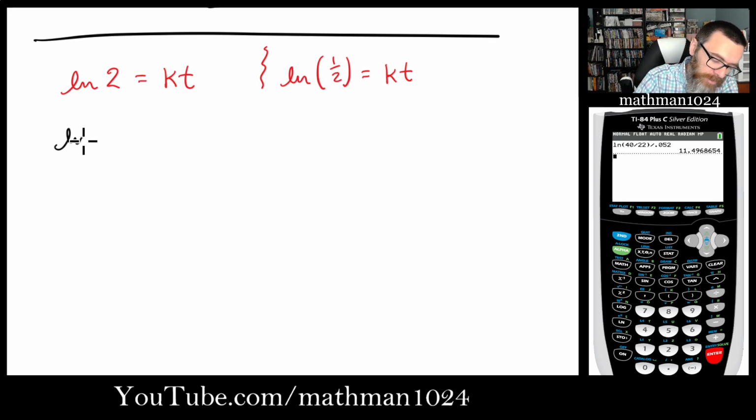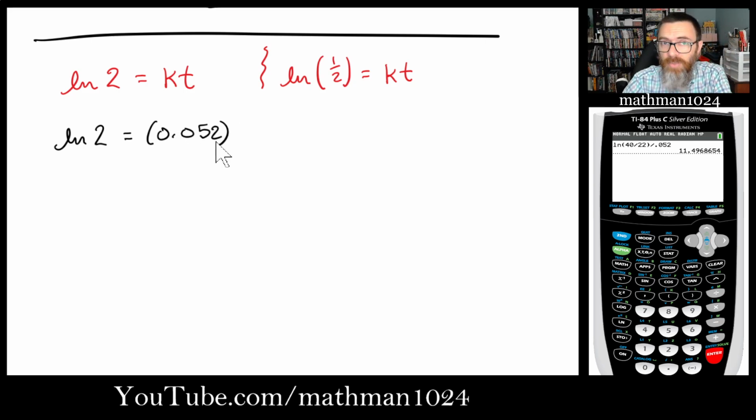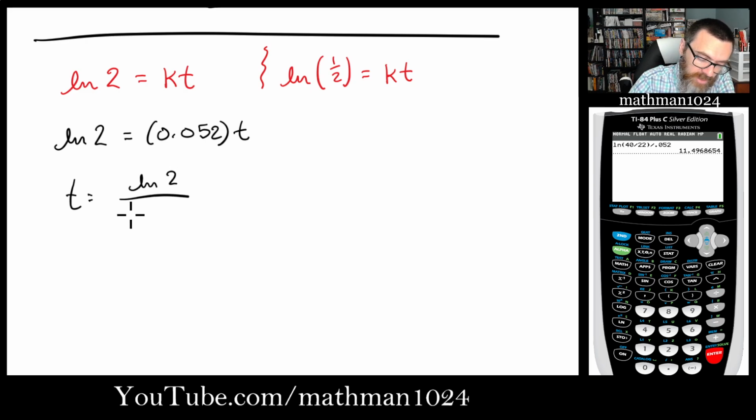So for this problem, the natural log of 2 is equal to 0.052, because that's the k value from the original formula, times t. So t is the quotient of the natural log of 2 and 0.052. So the calculator will tell me natural log of 2, close parentheses, divided by 0.052.